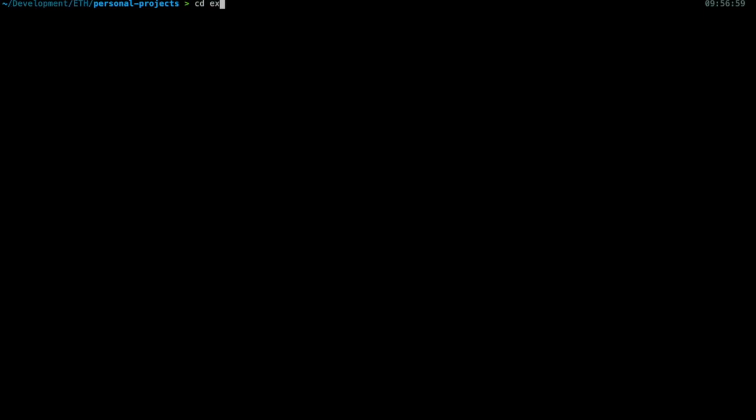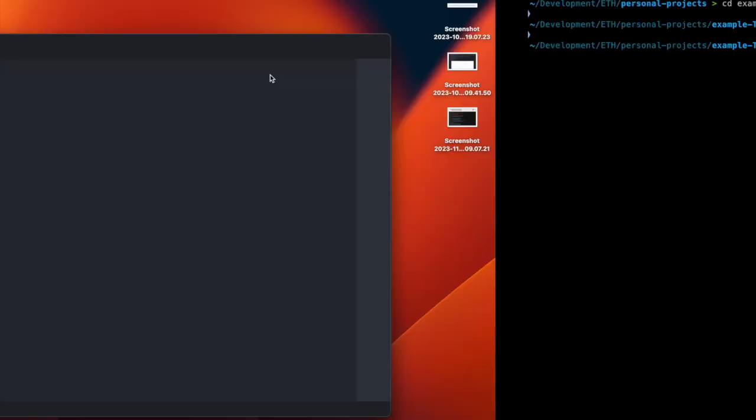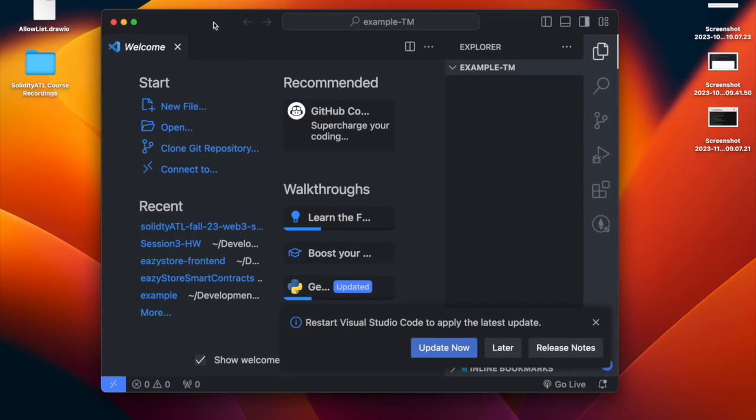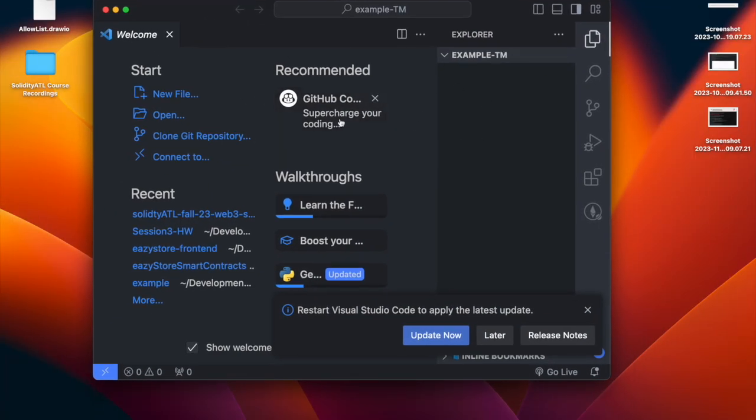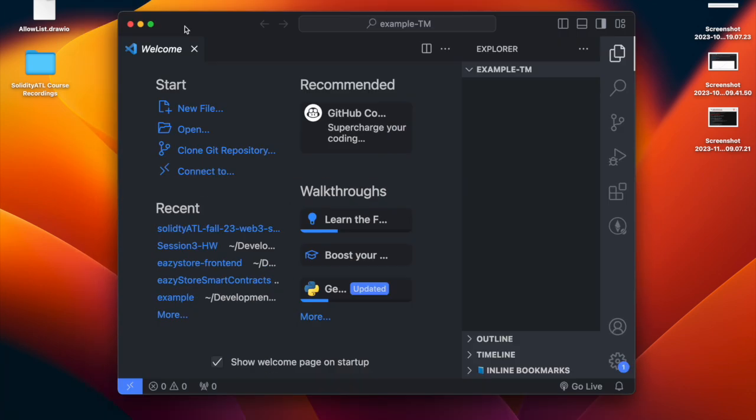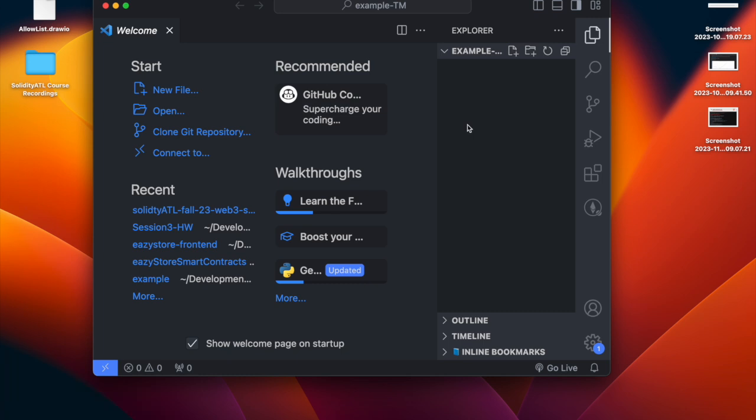I've already created an example threat model directory. So we're going to see how I would approach a threat model. If I had more than 5 minutes, of course, it'd be a lot more fleshed out. But at this point in time, we're going to do a simple threat model of Uniswap V3.